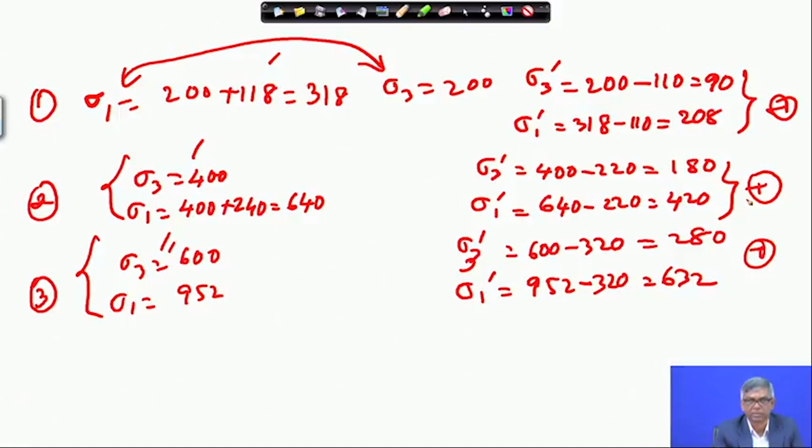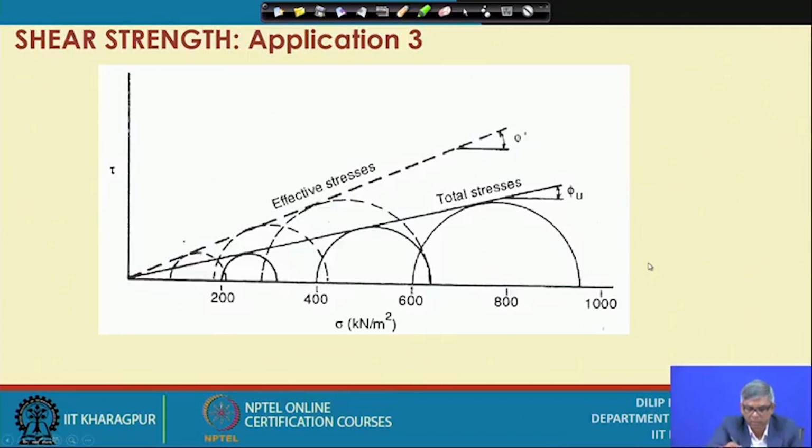So, now we can do that. When I have done it for the total stress circles, sigma 3 and sigma 1 were 200 and 318, the second one is 400 and 640, and this was 600 and 952.